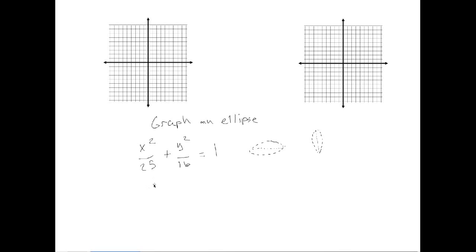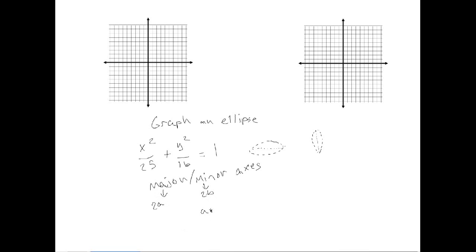So, two things. The only things we really need, since we know that our ellipses are going to be orientated about the origin, we need the major and we need the minor axes. Okay? So, the major axis is given as 2a and the minor axis is given as 2b.